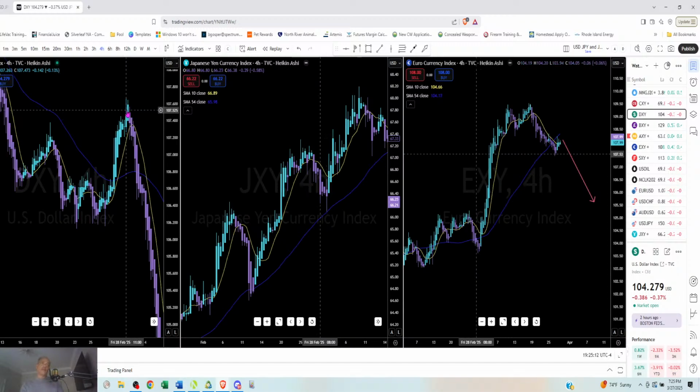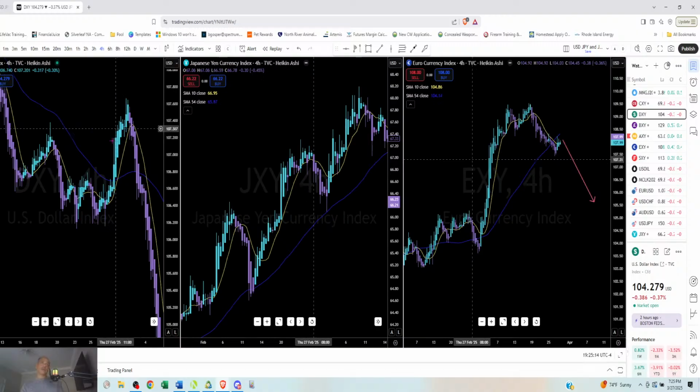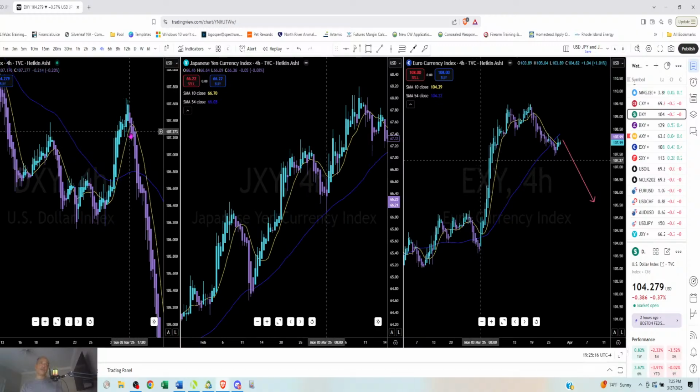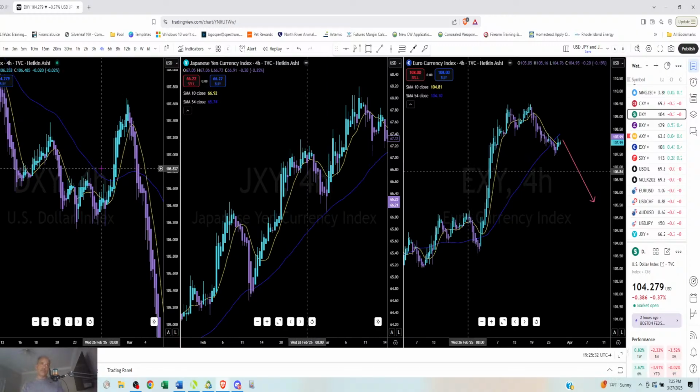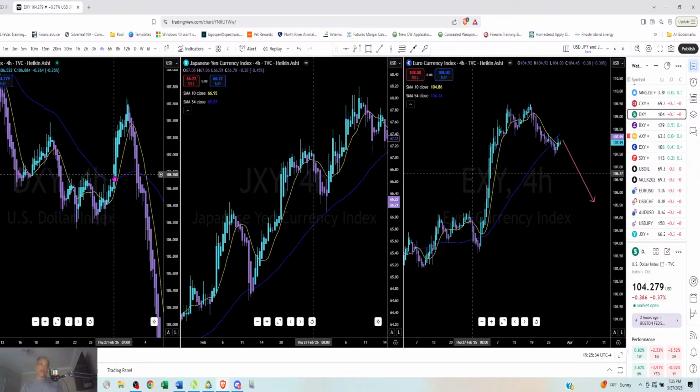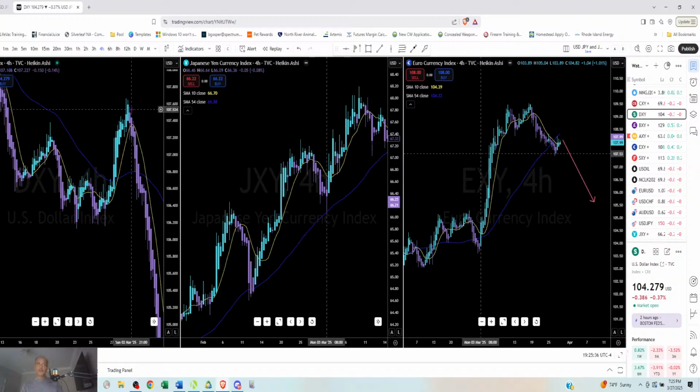Okay, price then closes, runs above the moving average, the 10 period SMA, and at the same time, over in the middle chart, we've got the Japanese yen closing underneath the 10 period SMA and above the 54 period. Now, this one's not great because the 54 period on the dollar index has been violated too. So maybe you wouldn't have taken this one either.